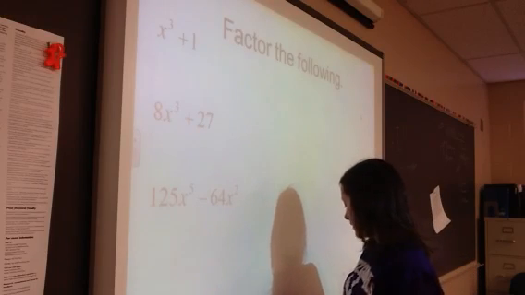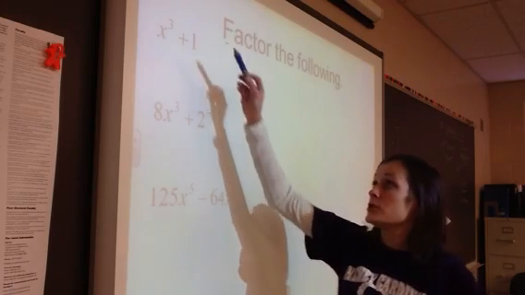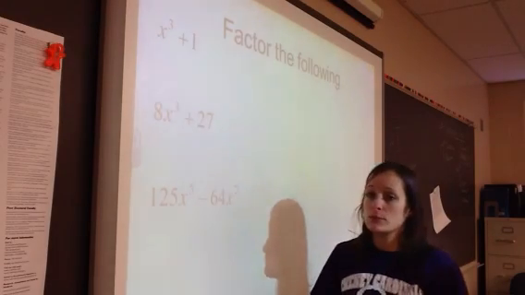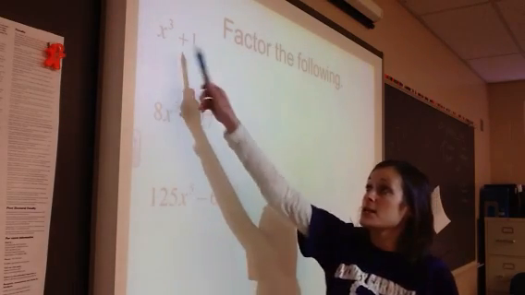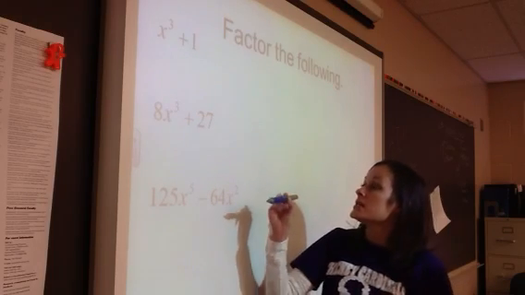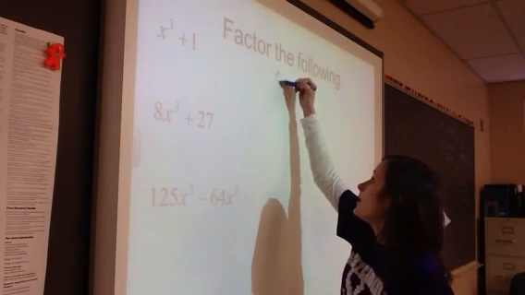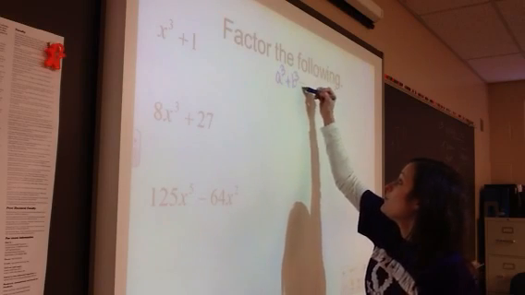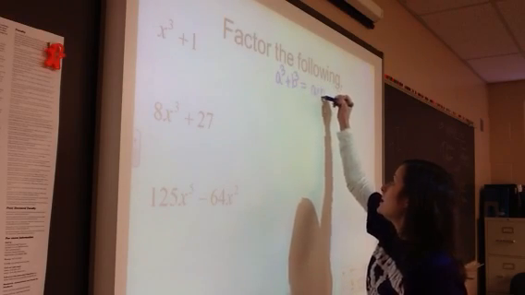But what we do is if it's cubed and both parts are cube numbers, you do sum of cubes or difference of cubes. If it's an addition, it's sum. If it's a subtraction, it's difference. Sum of cubes factors, if you have a cubed plus b cubed, it will factor to a plus b.